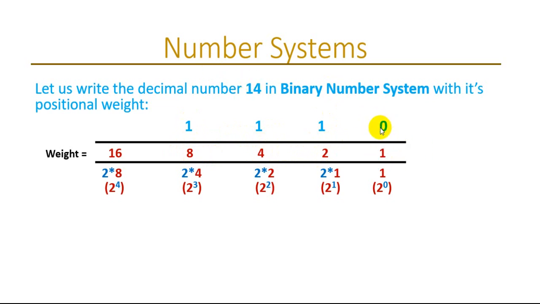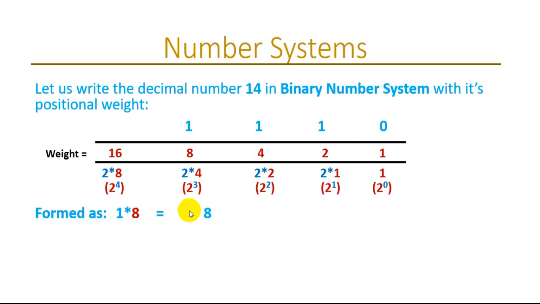We don't want any more, because if you put 1 here, it will become 15, right? So 1 of 8, 1 of 4, 1 of 2, and we can ignore the ones, with 0 ones, so we are not worried about that. So 1 of 8 plus 1 of 4 is 12, plus 2 is 14. So 1110 is how you write the decimal number 14 in the binary number system.